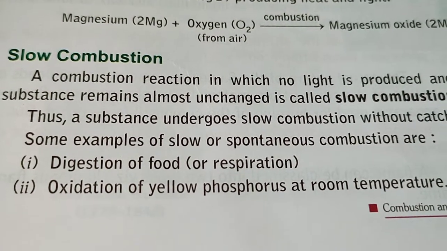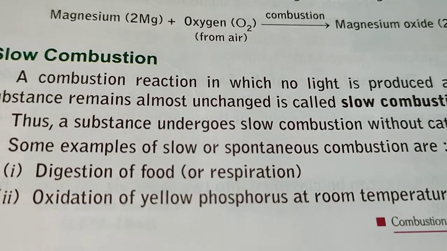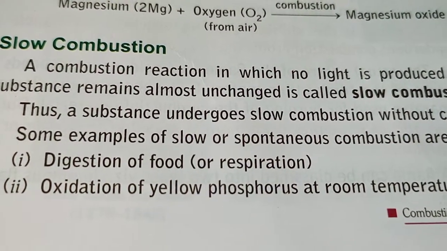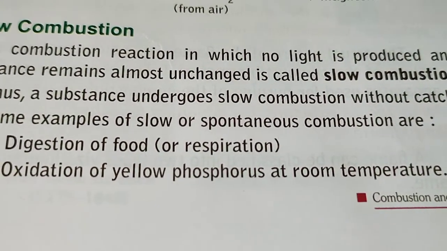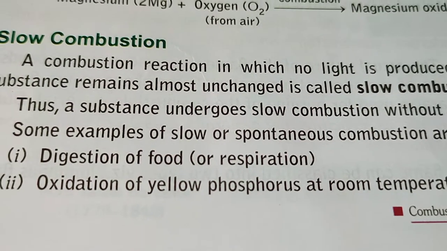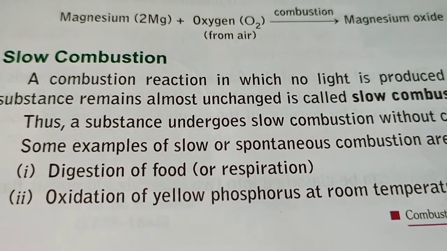Burning of food inside our body, inside each and every cell, is an example of slow combustion. Secondly, oxidation of yellow phosphorus at room temperature. Slow combustion produces no light and very little heat.